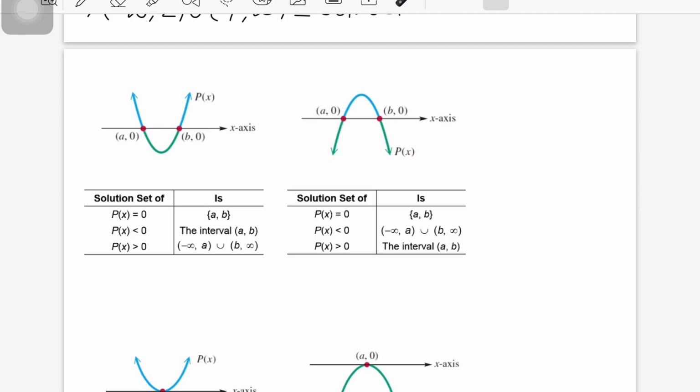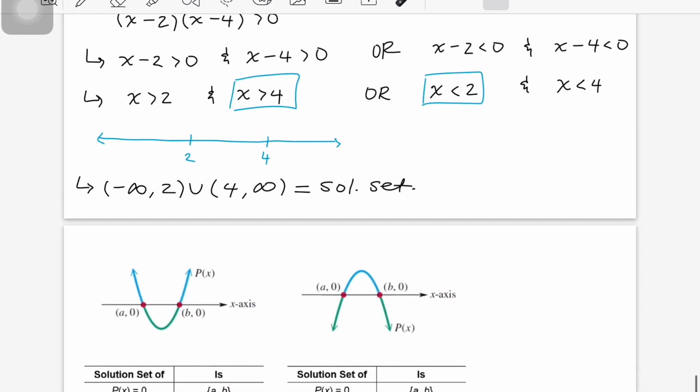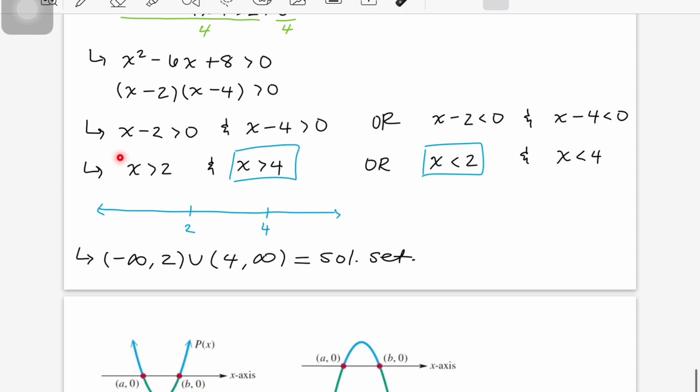So in this case, the solution set, if our quadratic equation is equal to 0, will just be these two numbers. If it's less than 0, it's going to be the interval from a to b. And if it's greater than 0, then it's going to be the union of these intervals here. And so we actually saw that in this example here.